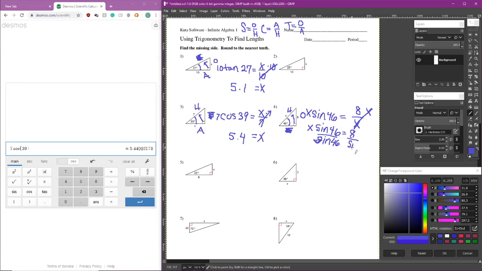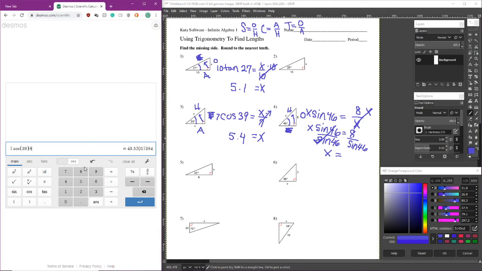So sine of 46 is on the bottom. This sine of 46 cancels that sine of 46, and you have x equals 8 divided by the sine of 46. Okay, so let's go over here to our calculator, and we're going to put it in just like this, 8 divided by the sine of 46.